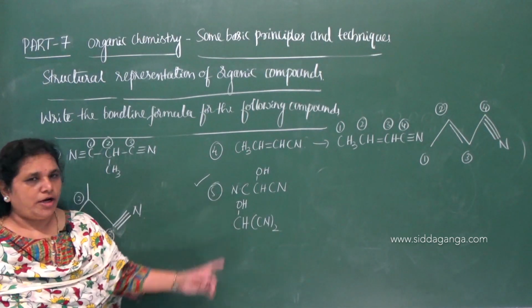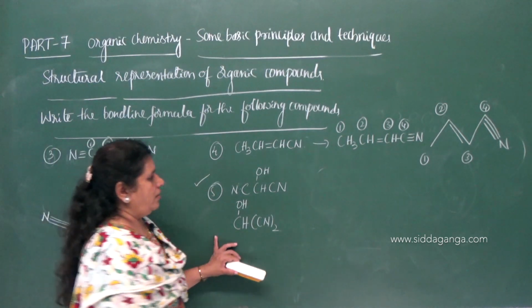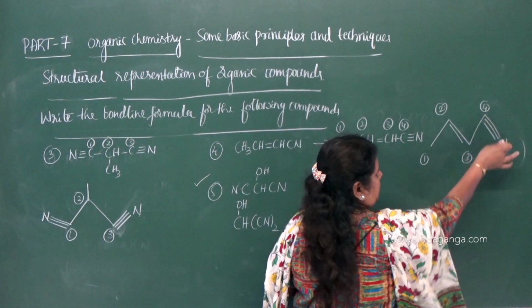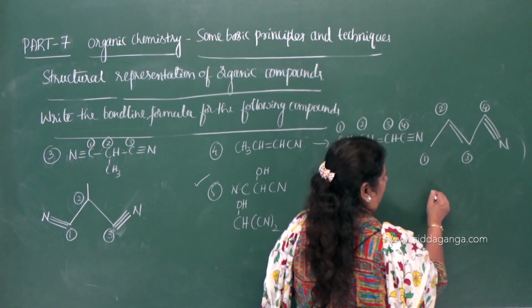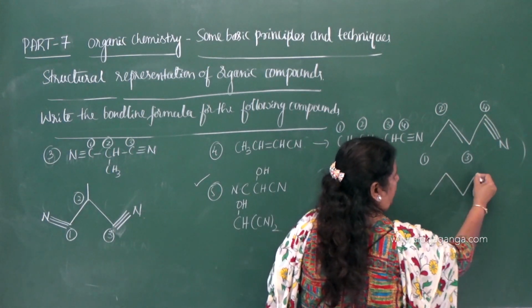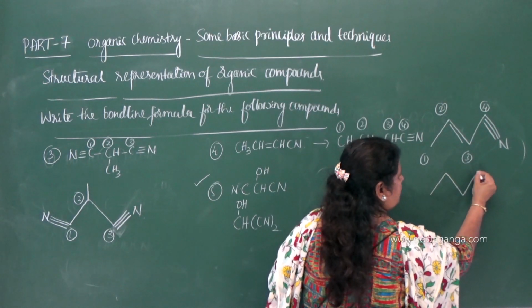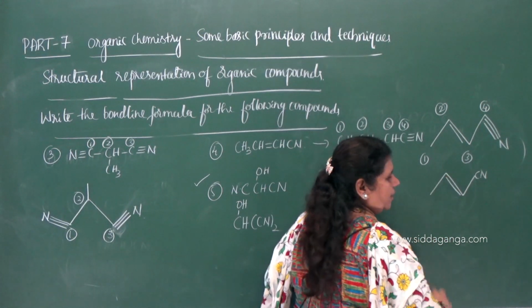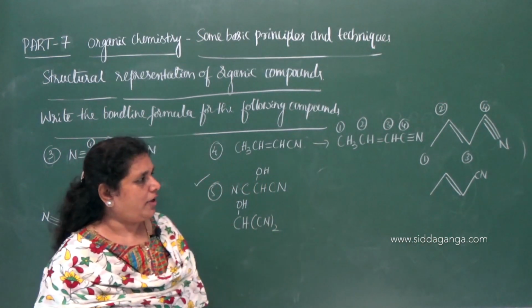Now move on to this. You can write this, and you can even skip this by writing 1, 2, 3 and writing the CN straight away here.